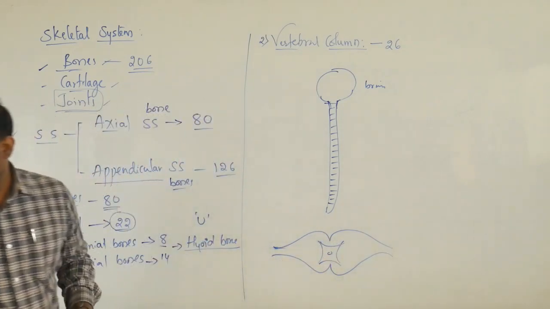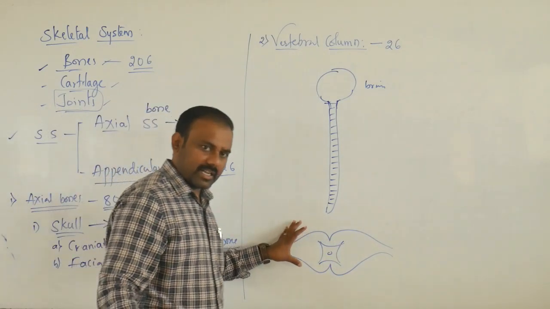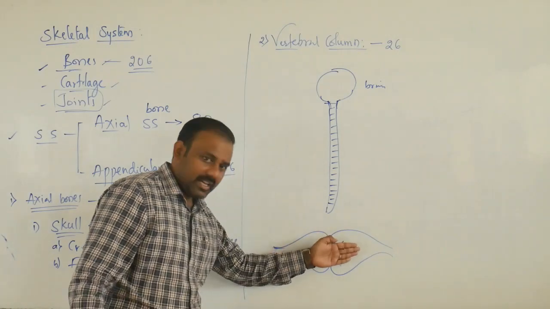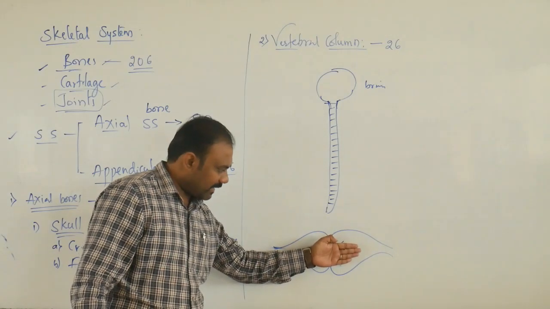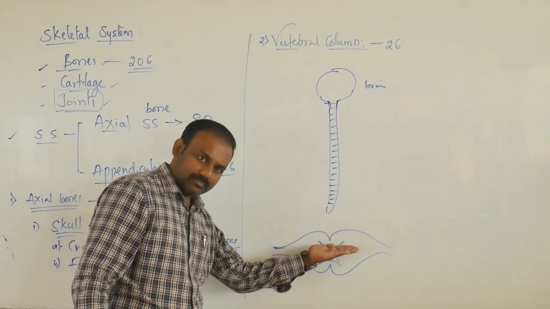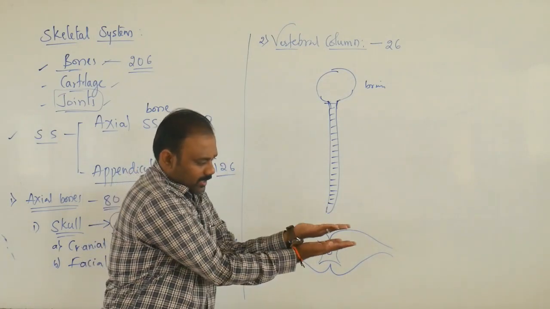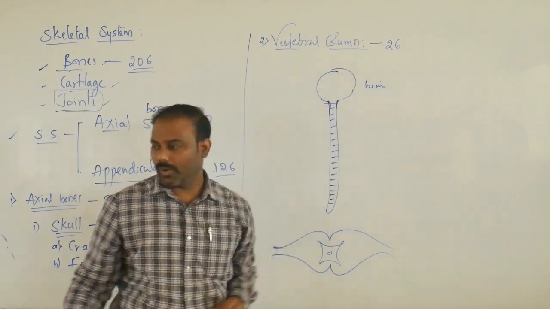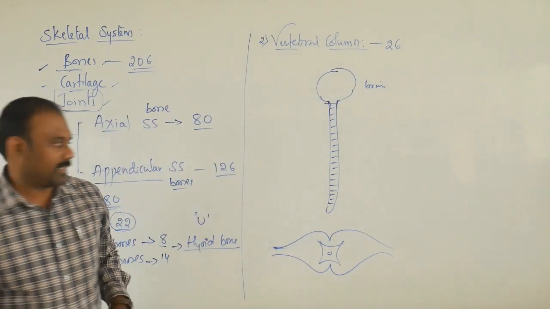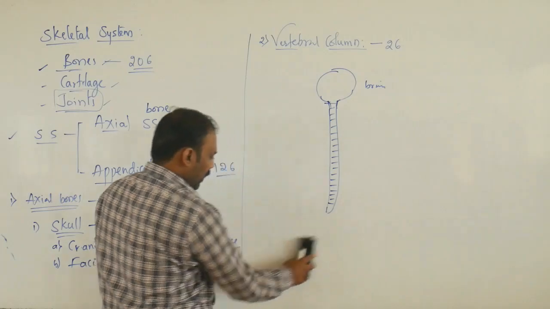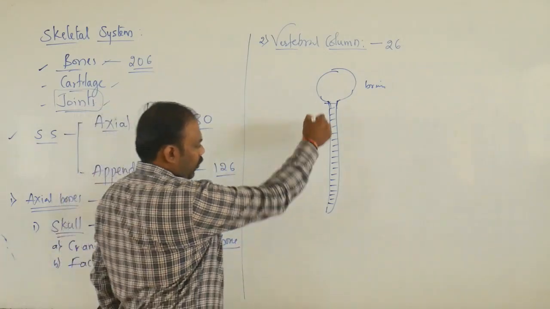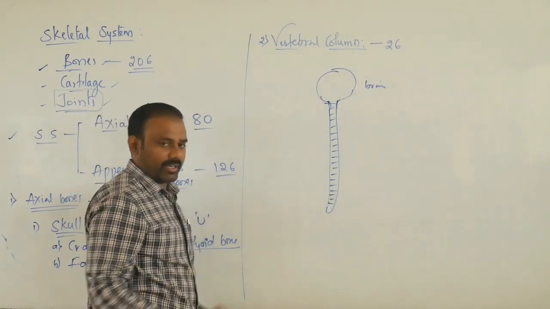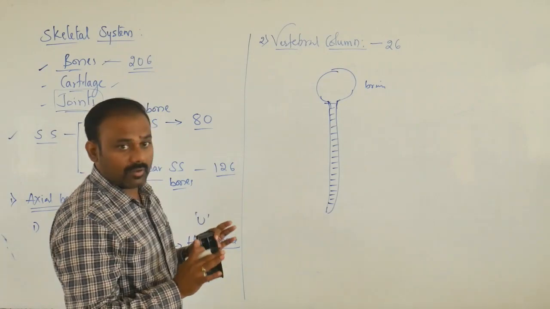This one single is considered as a vertebral disc. Imagine this diagrammatic presentation is like this. So when you make like this, one, second one, third, fourth, fifth, like this, there are 26 vertebral discs present. Out of 26, there are 26 vertebral discs.